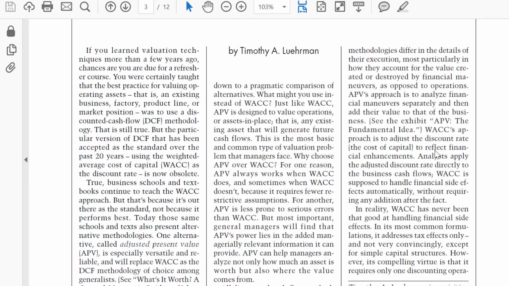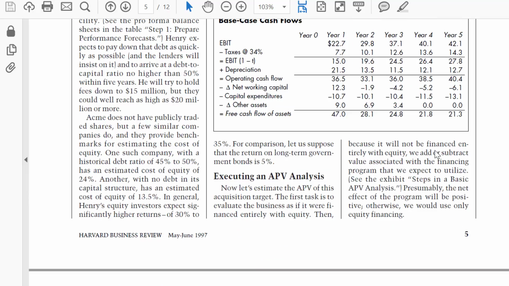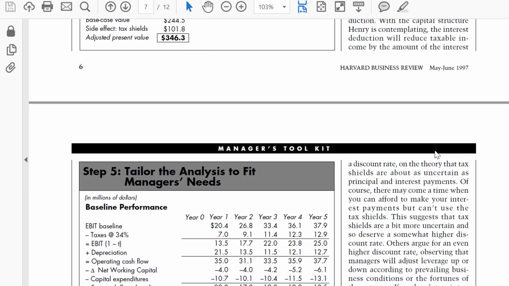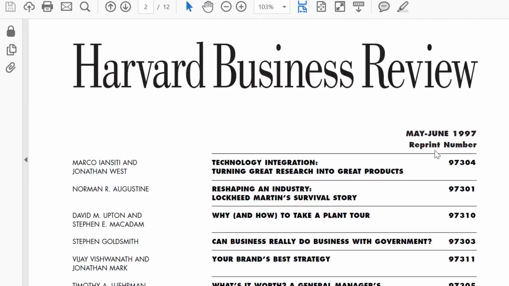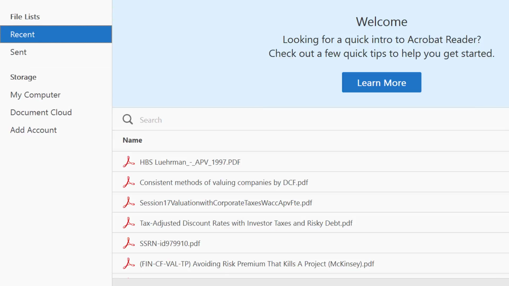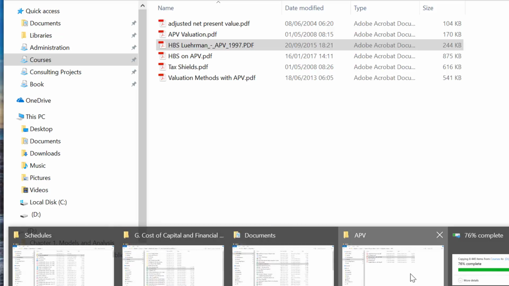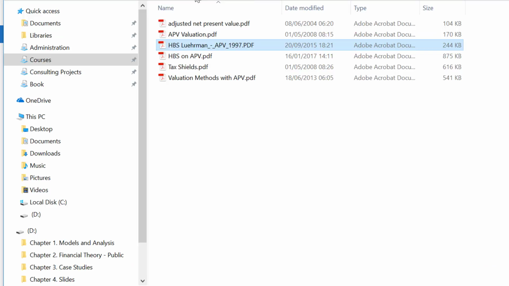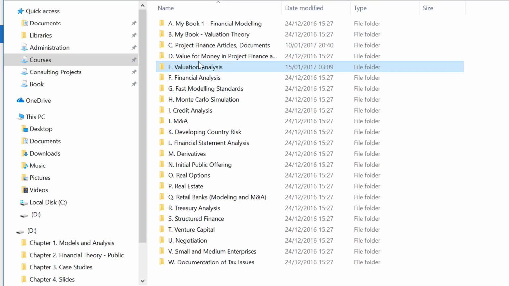He says you have to use the APV, and if you don't use that, you're out of touch and obsolete, and using the WACC is completely obsolete. There are a couple of other articles like that. I'm going to show you that this is totally a bunch of rubbish.